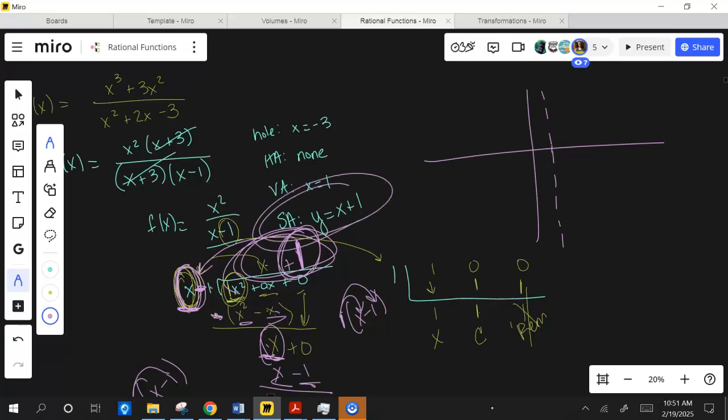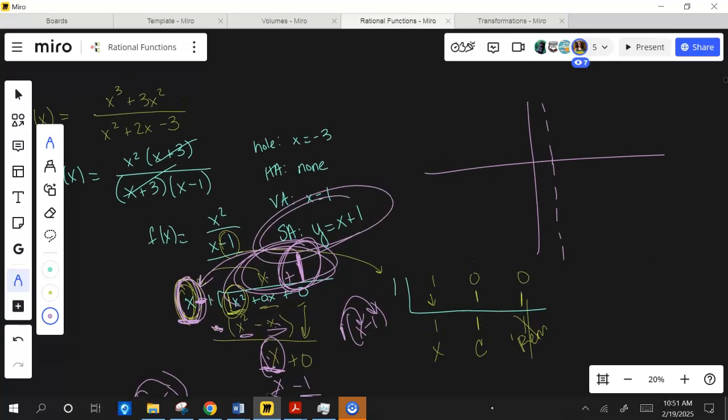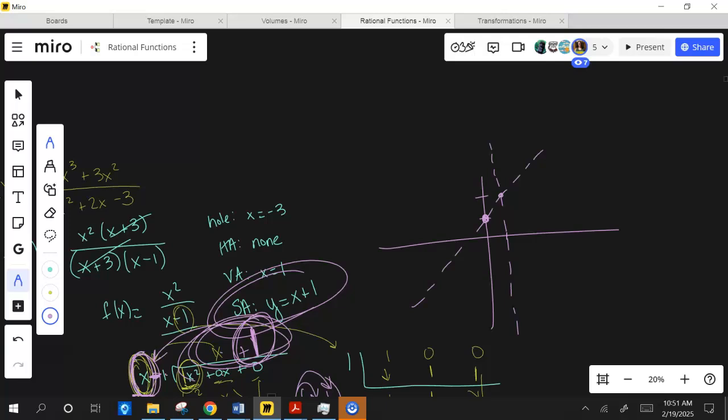But I've got a slant at x plus 1, which means start at 1 and go up 1 over 1. My graph here is bounded this way and this way, okay? Yes, it'll have a hole at -3.